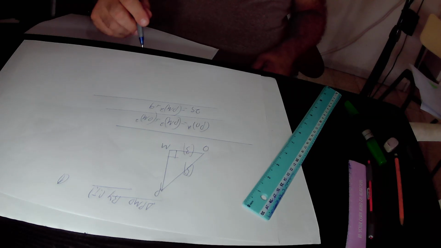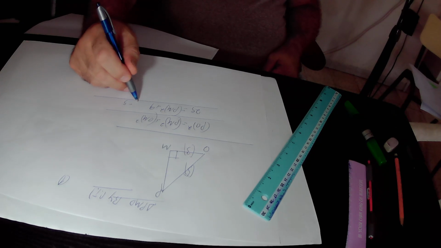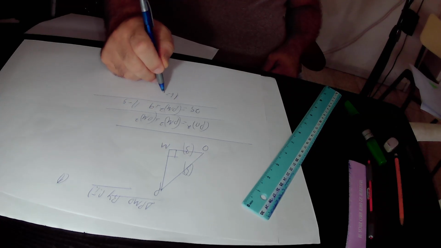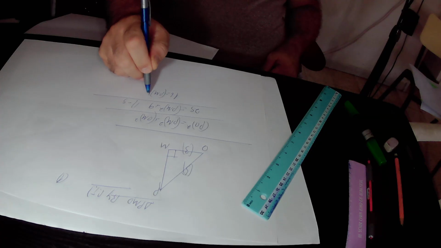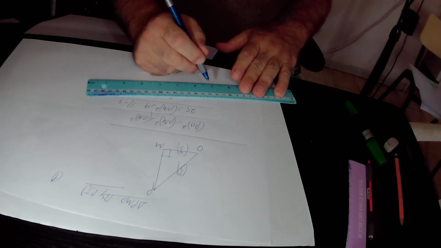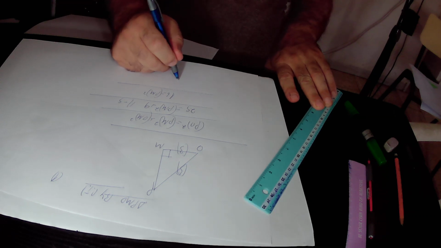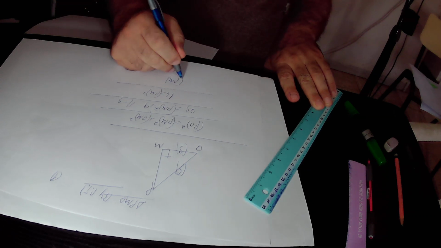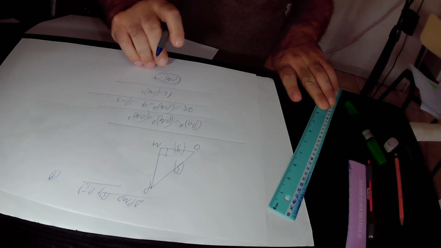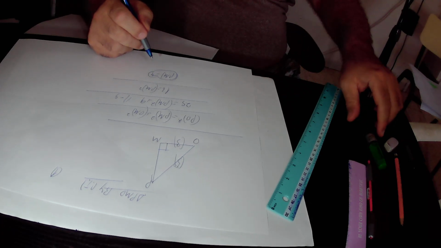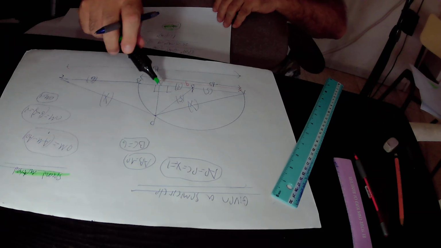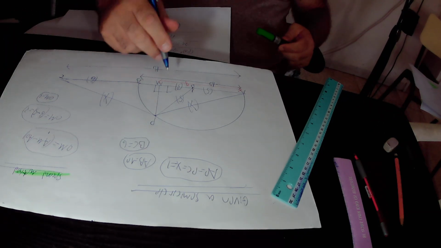Here we subtract 9 from this equation, and I get that 25 minus 9 is 16 equals PM squared. Finally we get that PM, the missing side, equals the square root of 16, that is 4. So the missing side PM equals 4 units in its length.